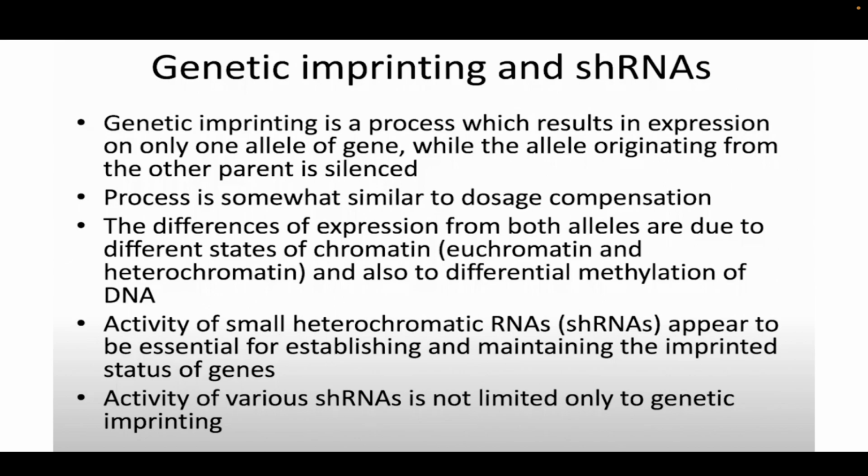In this process, we get two alleles of every gene. Every human being and every mammal has two copies of a single gene. One copy is inherited from the mother and another copy is inherited from the father, and these two copies are called alleles. One gene has two alleles.